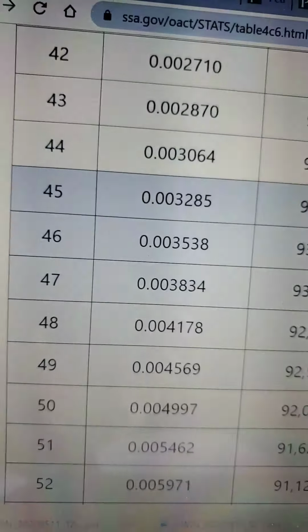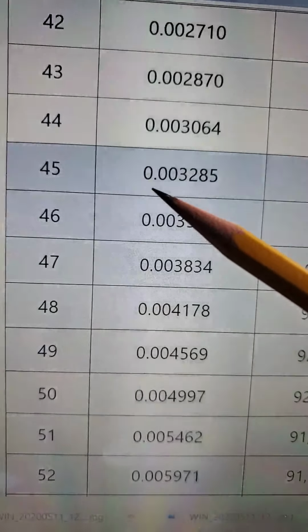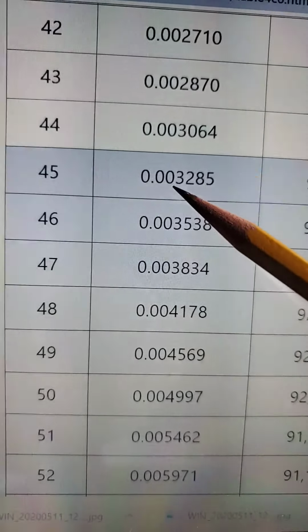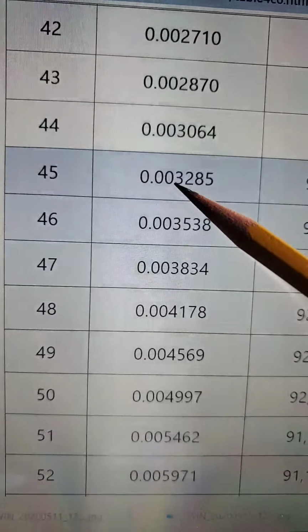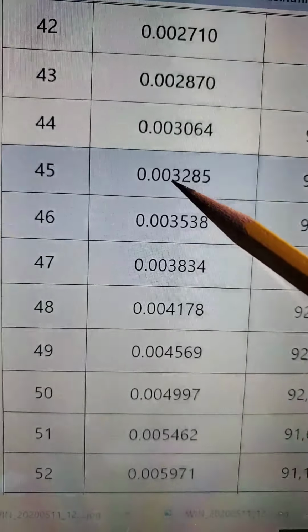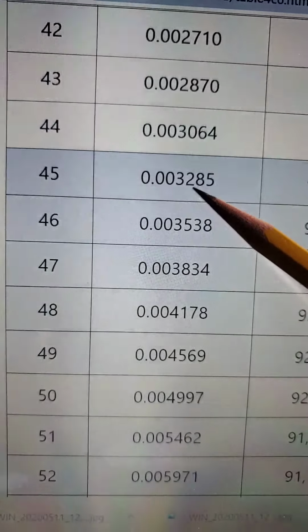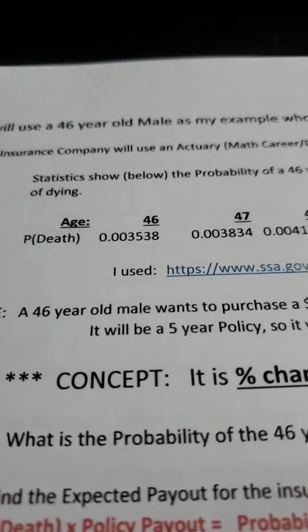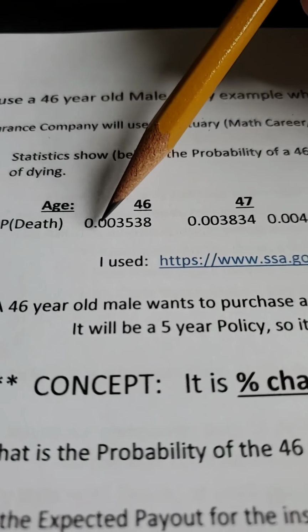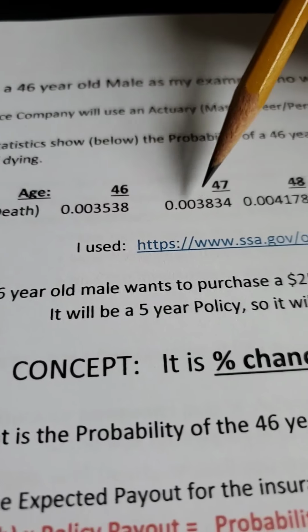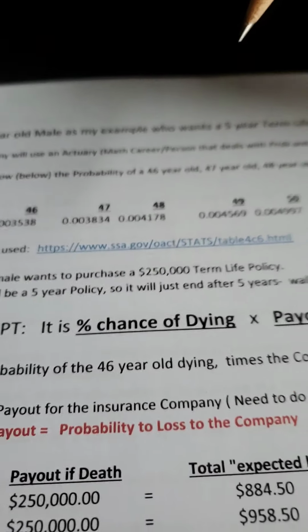So basically, a 45-year-old has less than a 1% chance of dying. Move the decimal there, it'd be a 0.3% chance of dying, but you need to go out further. That's where I got this information from. The probability that a 46-year-old will die, a 47-year-old will die, and so on.